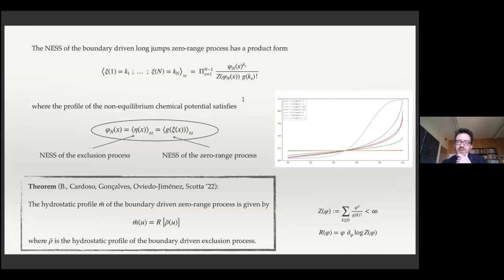And what is good in this case is, it is some simple remark, that you can relate this phi_N, which is not explicit. It is a solution of some linear problem, but it is a linear problem of size N times N, so it is not solvable explicitly. And so it is semi-explicit in some sense. It is a product, but it is not explicit. And the useful remark is that phi_N(x) can be related to the stationary state of the exclusion process.